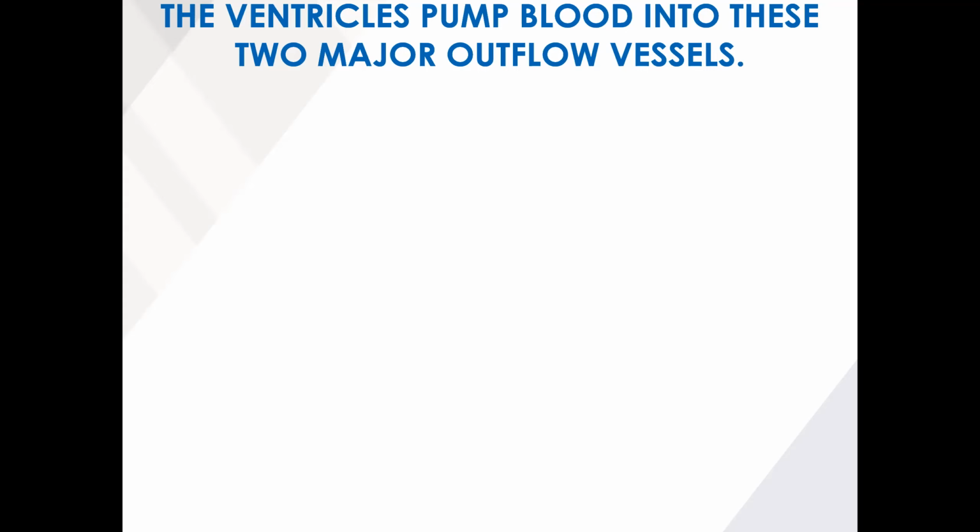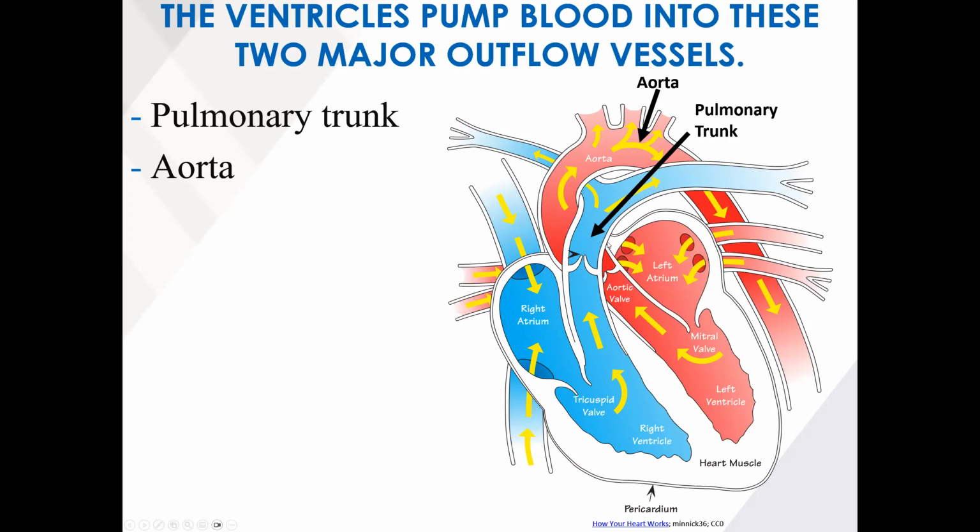So the right ventricle is going to eject blood and send it into the pulmonary trunk. And the left ventricle is going to eject blood and send that into the aorta, right? So the pulmonary trunk, we can see there, is coming off of the right ventricle here. And then we can see that the left ventricle is sending its blood into the aorta.